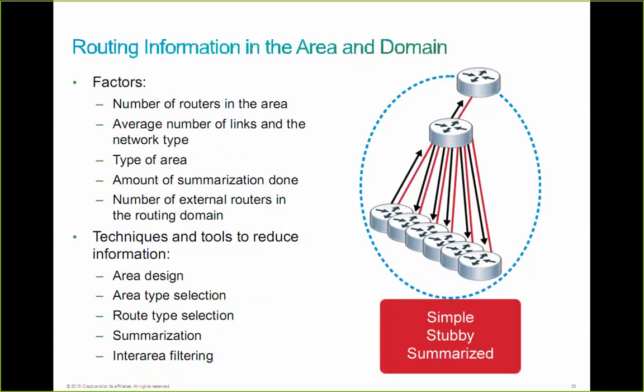For example, if you're not doing summarization, and summarization does not occur in OSPF by default, so if you're not applying any summaries, then the prefix density in your OSPF domain is across the entire OSPF domain, not just within the area, because every Type 1 LSA that stays within the area is going to end up becoming a Type 3 LSA. All right?